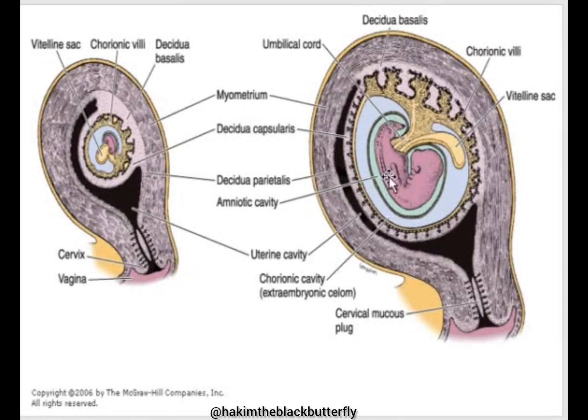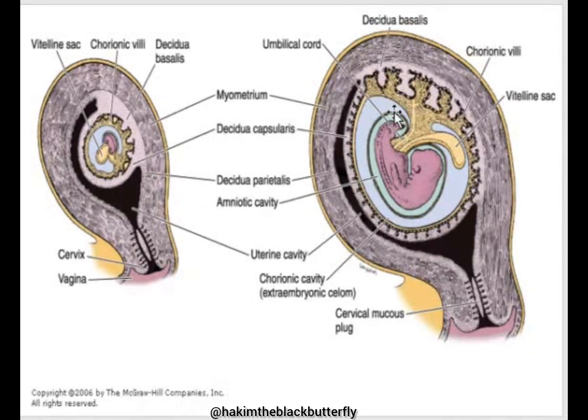And this is our embryo, which is now developing, and it came from the inner cell mass. Surrounding it is the chorionic cavity, and external to the chorionic cavity is lined by the chorionic membrane, the amniotic, sorry. This is the embryo.